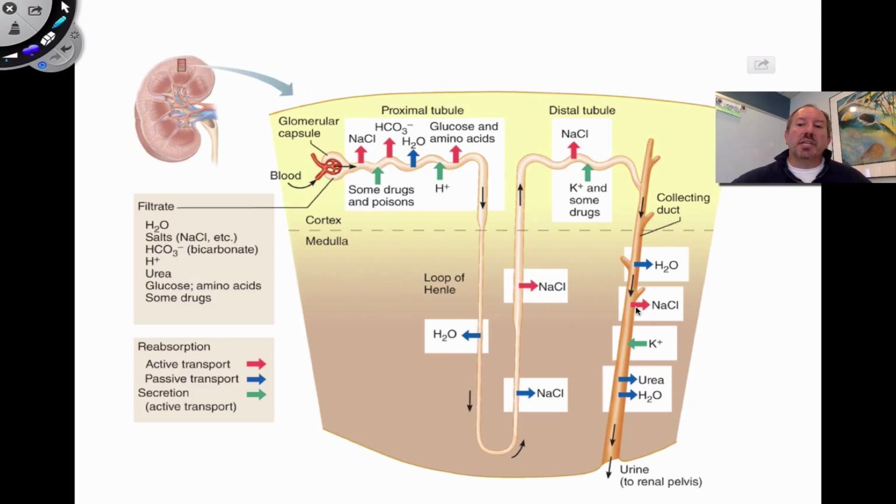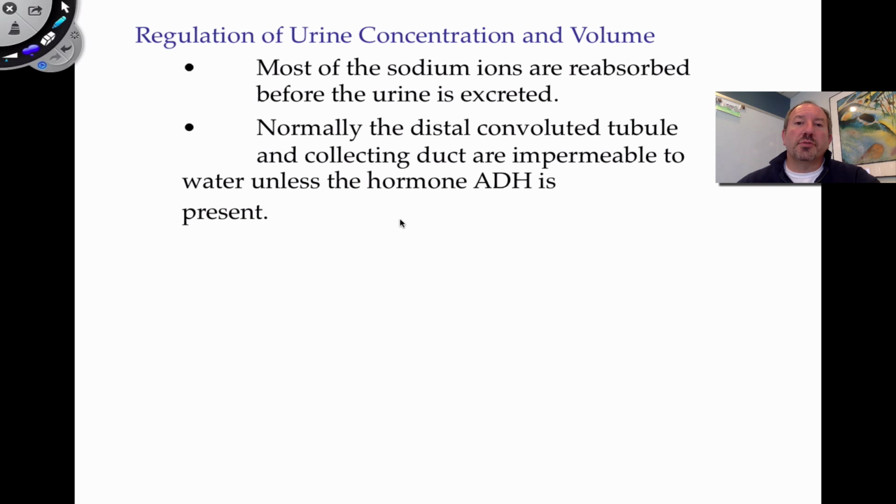But then what's interesting is if the body senses that it's running low on water, in other words, it's becoming dehydrated, the body can actively attempt to reabsorb more water and not urinate a lot of water. And it's really cool how it does that. It does that in the collecting duct. Okay, and so that's what I want to talk about.